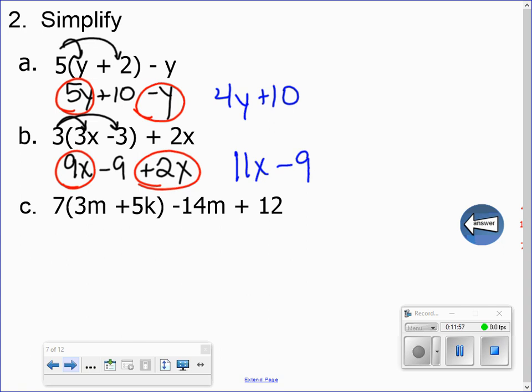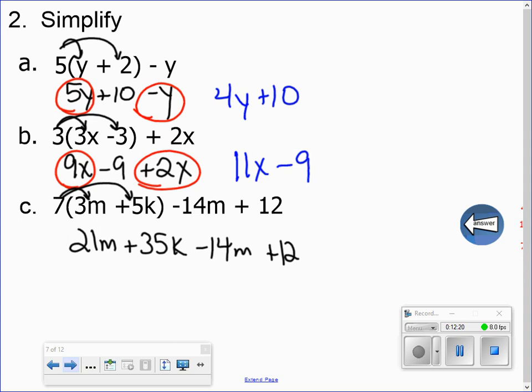We've got our last one. We've got 7 times 3m and 7 times 5k. So 21m plus 35k. That's minus 14m. This is plus 12. So those 2 things didn't change. And now we can combine. Again, we're keeping it in alphabetical order.